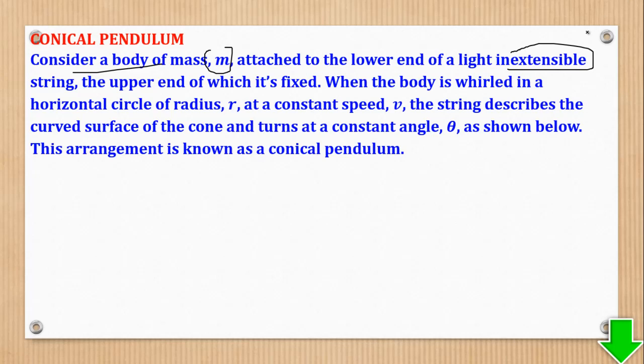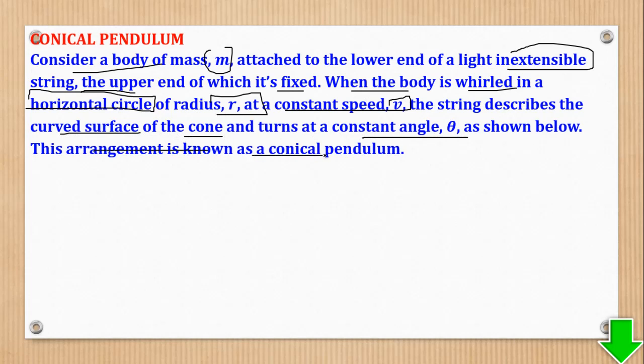In this case, we shall consider a string which is inelastic, the upper end of which is fixed, when the body is whirled in a horizontal circle of radius r at a constant speed v. The string describes a curved surface of the cone and turns at a constant angle theta, as shown below.